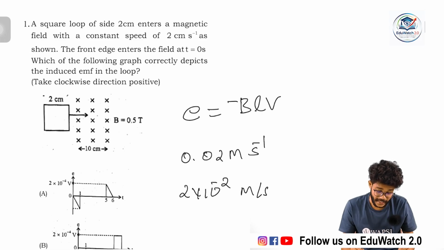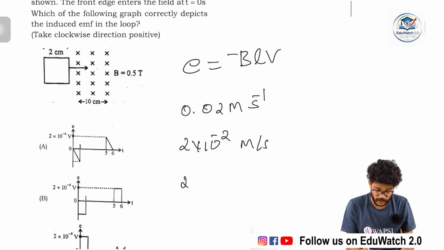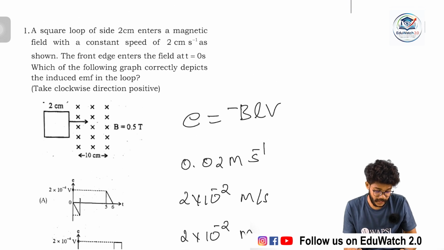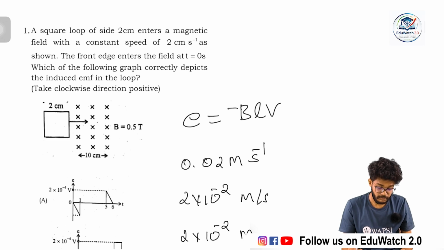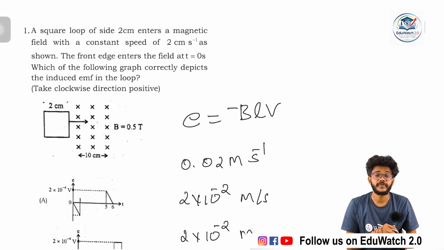And what is L here? L is the square loop side length, 2 centimeter, 2 into 10 raised to minus 2 meter. And what is B here? B is the magnetic field, which is 0.5 Tesla.